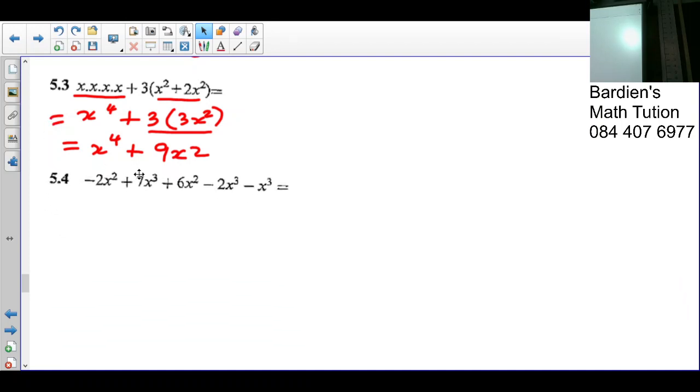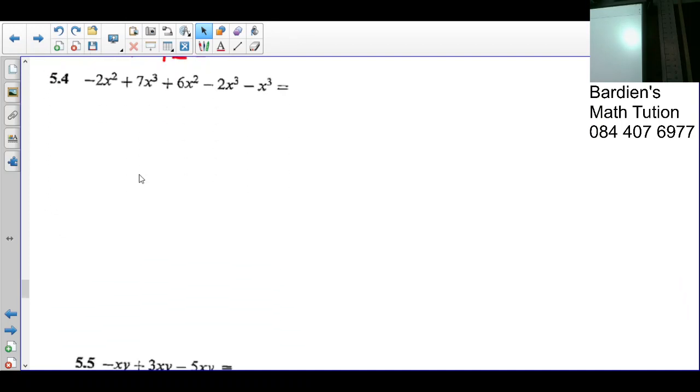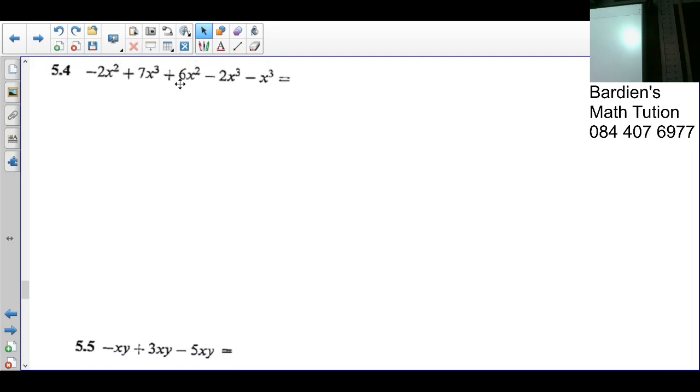5.4. In question 5.4, what do we do here? We just add like terms. Okay? So, negative 2x squared, 6x squared, 7x cubed, minus 2x cubed, minus x cubed.